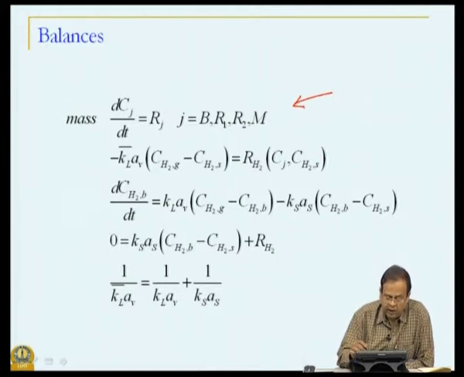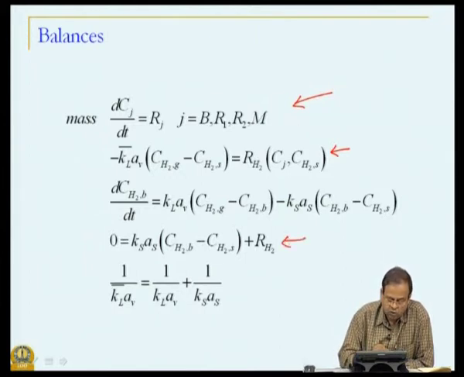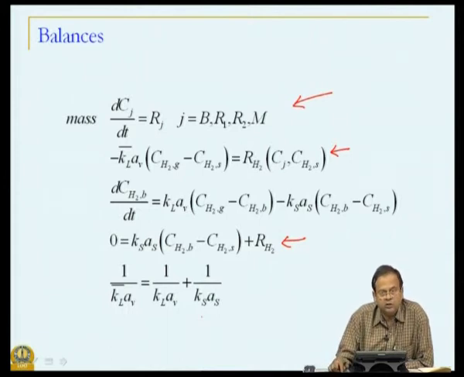Then we have this, which we just now saw, as a result of assuming steady states for hydrogen concentration in the liquid as well as hydrogen concentration on the surface of the catalyst pellet, and thereby combining these two, we have the final form of this with overall coefficient defined in this manner.